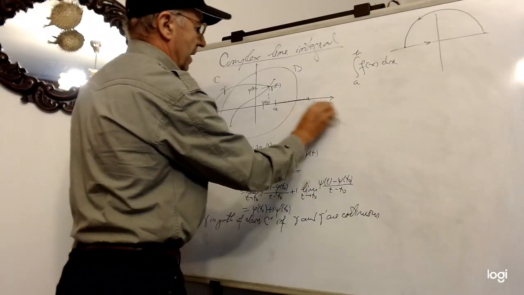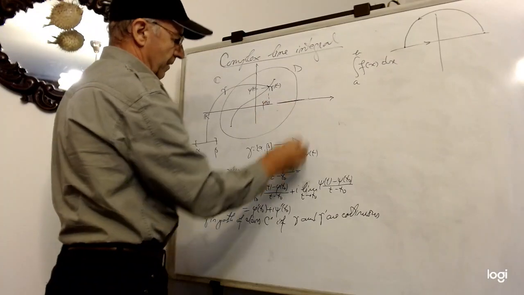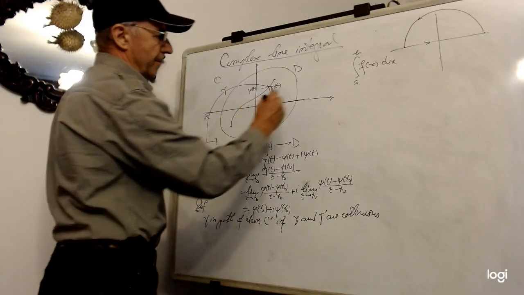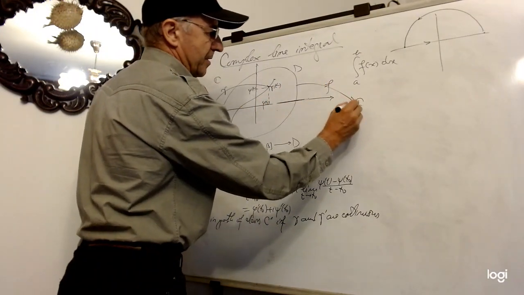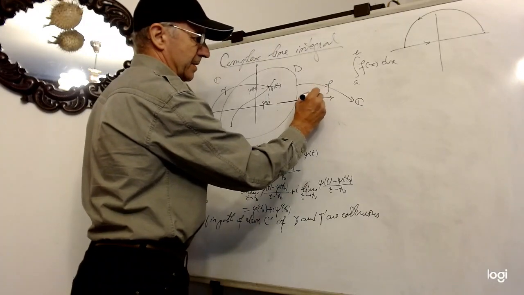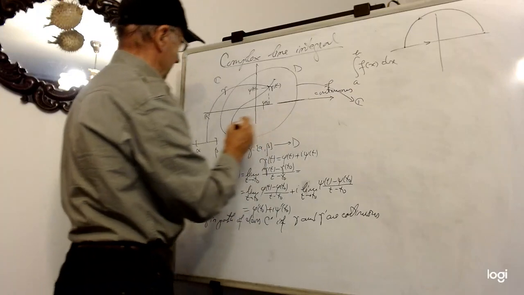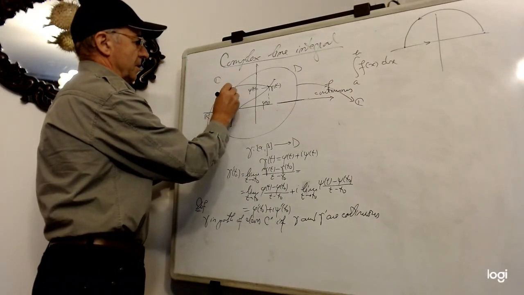If f is a function defined on D, and we have such a path, let us assume f is a complex function, and we assume f is continuous and gamma is of class C1.